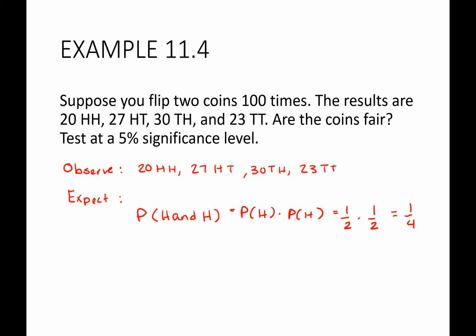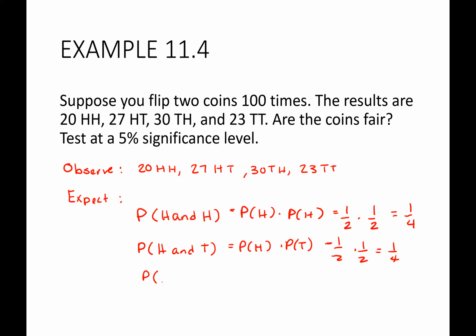Well, that's true for all the rest of those. The probability of getting a head and a tail would be the probability of getting a head times the probability of getting a tail, which would be 1/2 times 1/2, which would be 1/4.